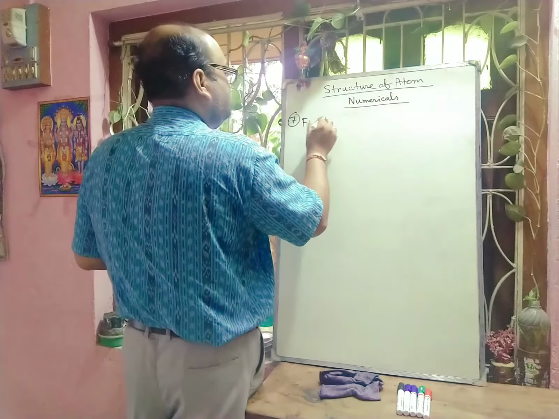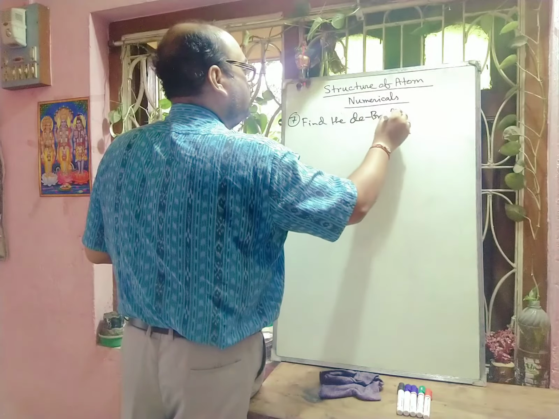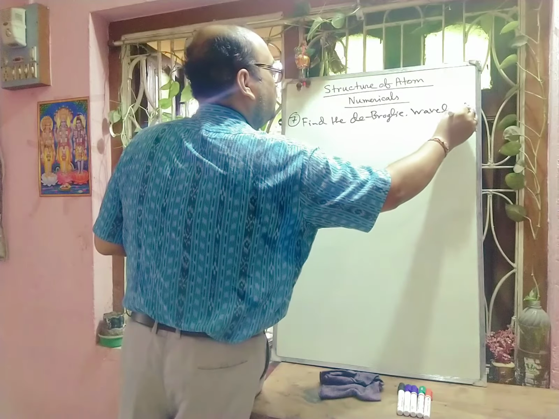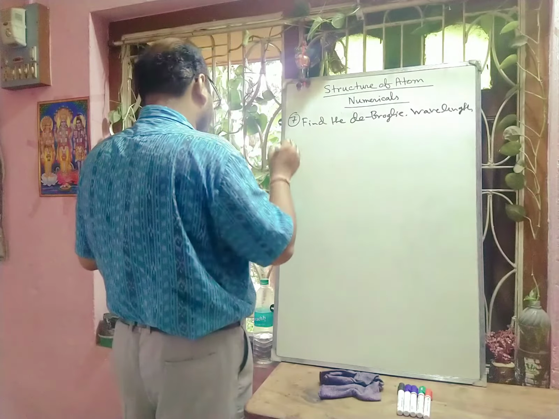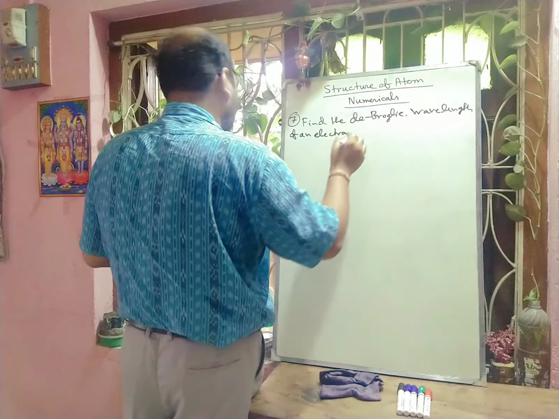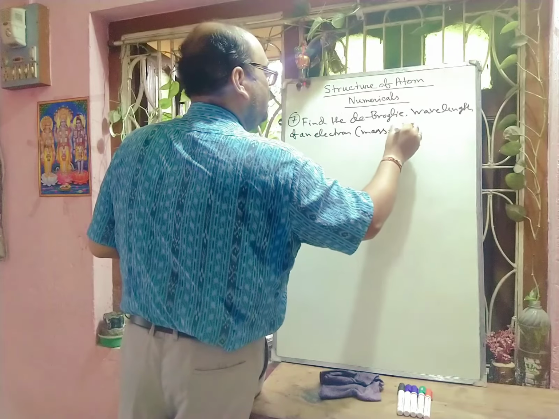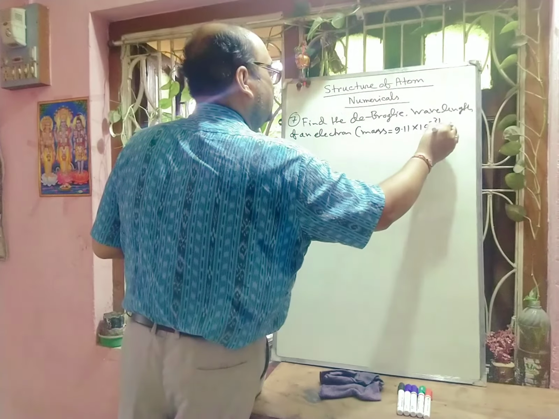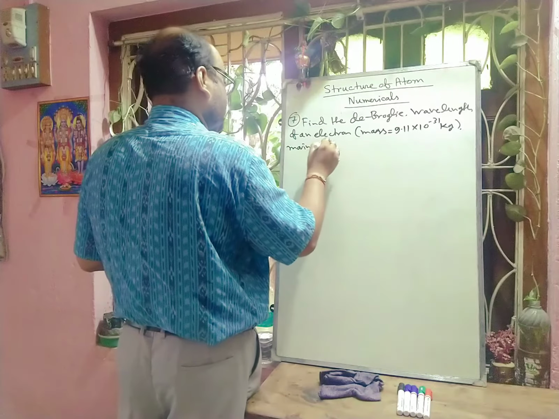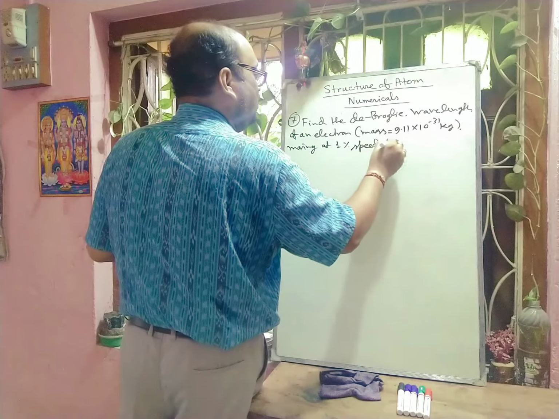Find the de Broglie wavelength of an electron whose mass is given as 9.11 into 10 to the power minus 31 kg, moving at 1% speed of light.